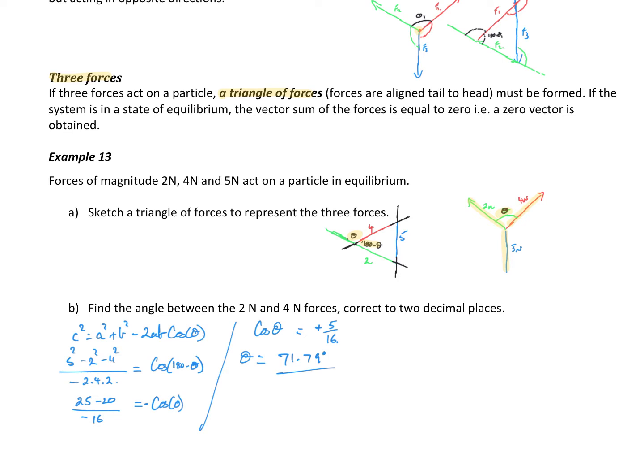If we apply c squared equals a squared plus b squared minus 2ab cos theta, our key sides, the 5 is opposite the angle, so they're the two that we have to make sure we identify correctly. If we work through that process, cos of 180 minus theta puts us in the second quadrant where cos is negative, so we get a negative cos theta. If we go through that process, we end up with 71.79 degrees.